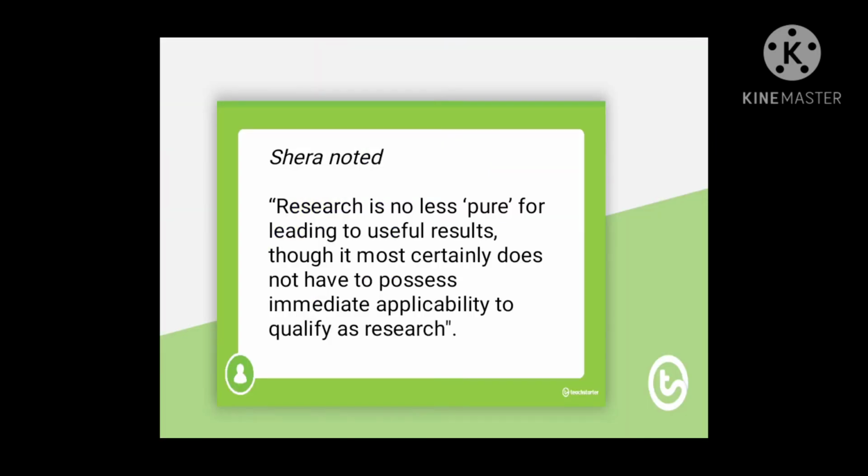But in spite of the fact that basic and applied research have tended to be conducted in isolation from one another, they are not necessarily separate. As Sharon noted, research is no less pure for leading to useful results, though it most certainly does not have to possess immediate applicability to qualify as research. In other words, basic research often leads to practical applications, while applied research frequently acts as a foundation for subsequent theoretical or basic research.